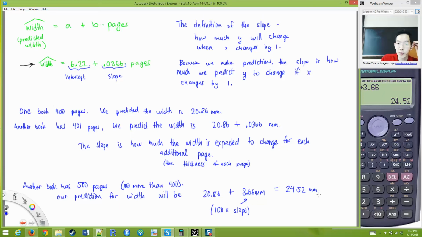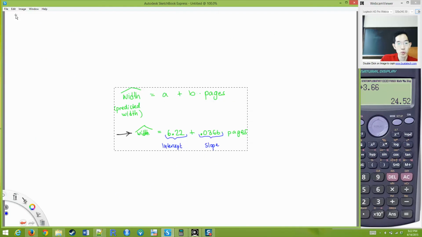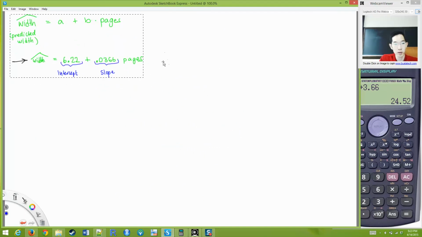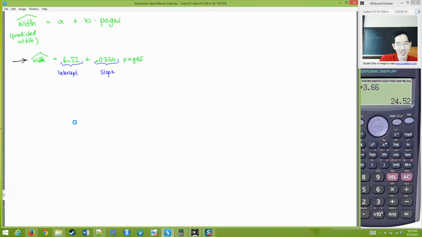So it's how much we expect or predict y to change if x changes by 1. If we add 1 to x, how much will y change? Is that okay? Let's do this again.